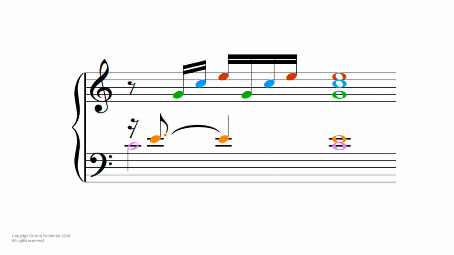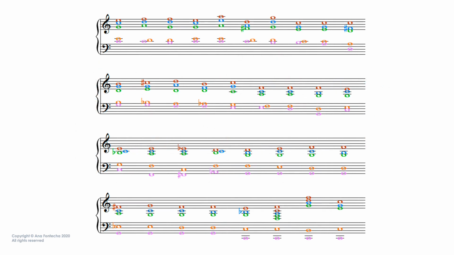When seeing the harmonies blocked, we observe that there are 5 different voices. We label them as soprano, mezzo, alto, tenor, and bass. This picture shows all the chords in the piece with the voices in colors.